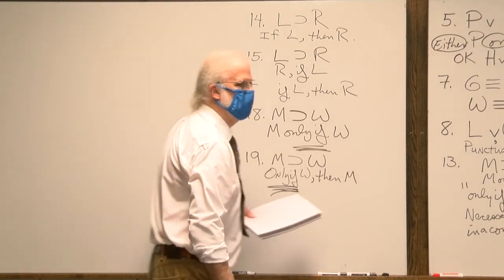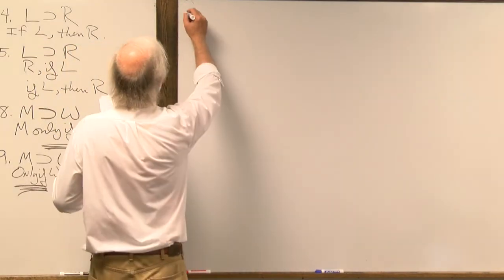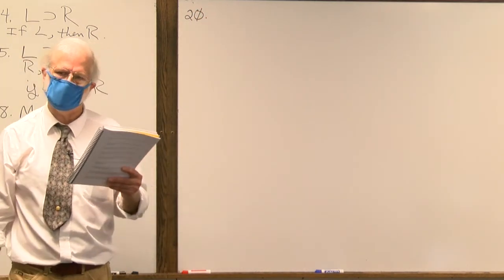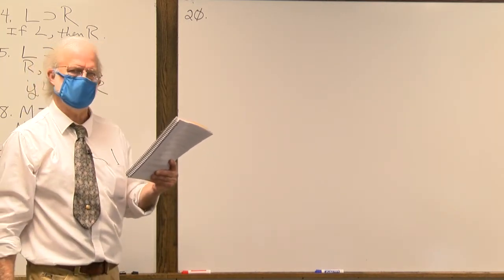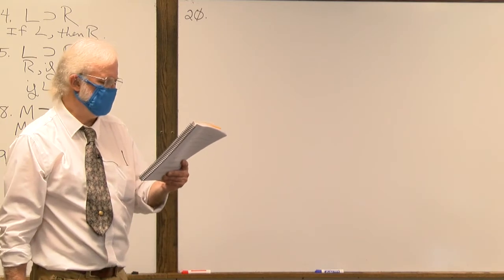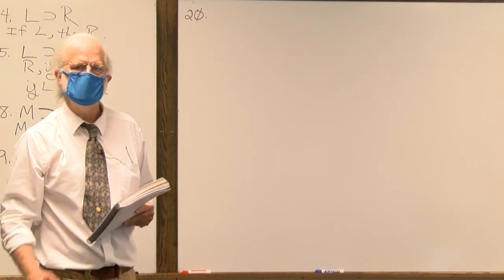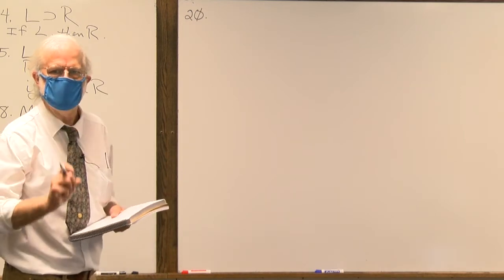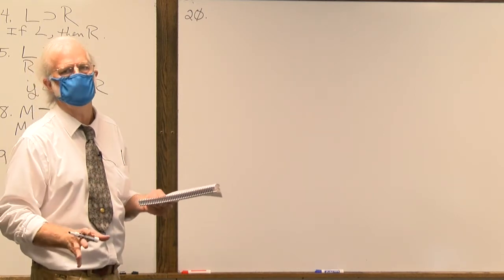Now, let's try a few more, taking a look quickly at number 20. Here, P means Pakistan will follow the lead of Saudi Arabia, and Q means Qatar will follow the lead of Saudi Arabia. So how would we represent the compound statement, both Pakistan and Qatar will follow the lead of Saudi Arabia? This is a little bit harder than some of the earlier ones because now we've got both and. This is what's called a multiple predication. You don't have to know that term, but that's what it is.